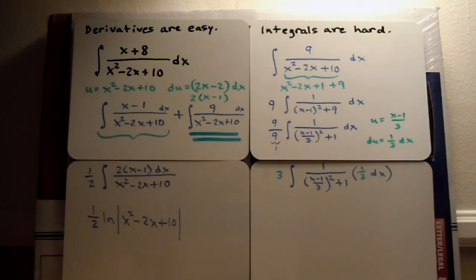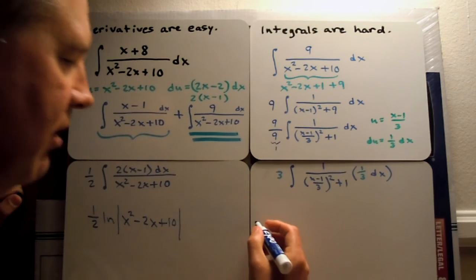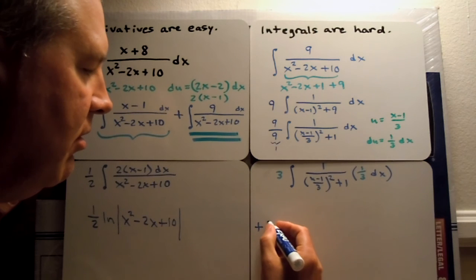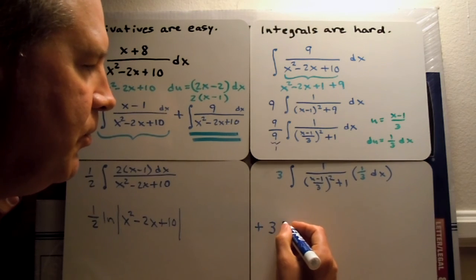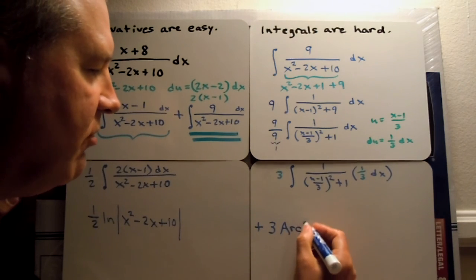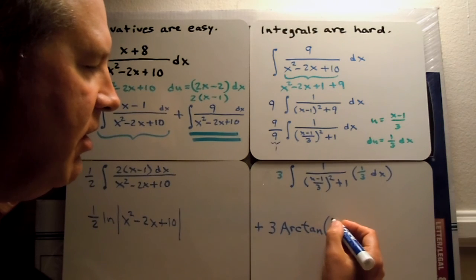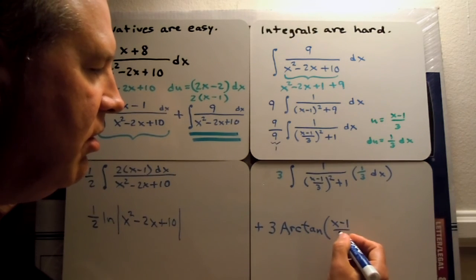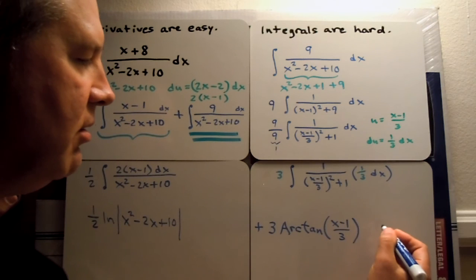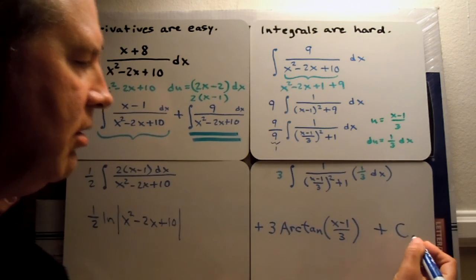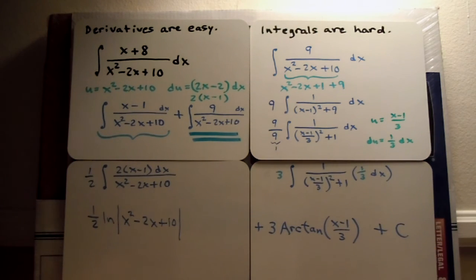And so this ends up being the arctangent form. We have plus 3 arctangent of x minus 1 over 3. And of course, for any integral, we have plus c.